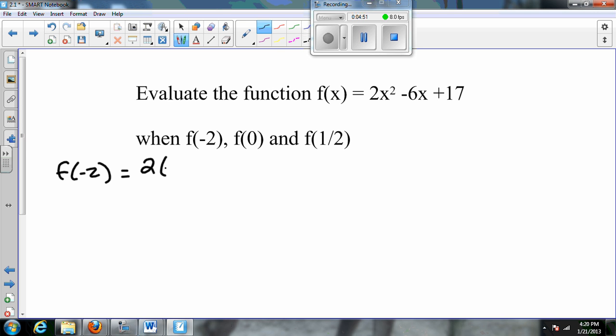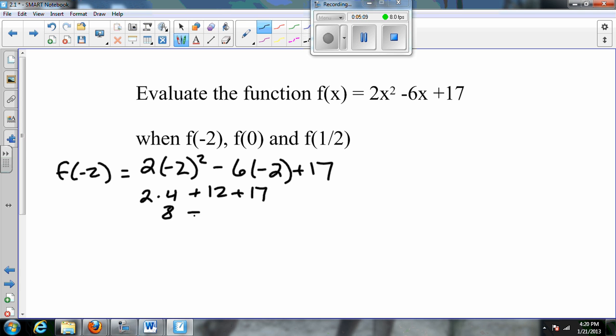So it goes 2 times negative 2 squared minus 6 times negative 2 plus 17. So negative 2 squared is 4, so 2 times 4 is 8, plus 12 plus 17, so we get 8 plus 12 plus 17, and that goes to 37.